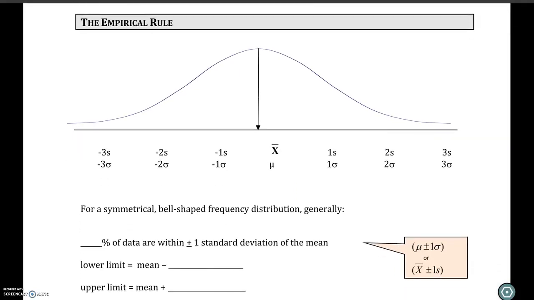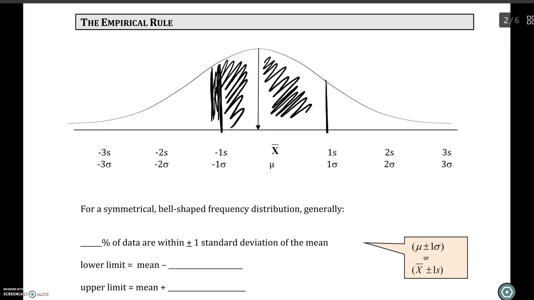So our first generalization, before we go to tomorrow's lesson where we're actually going to be converting our x values into z-scores, is a generalization that helps us ballpark estimates, and that's the empirical rule. How the empirical rule works is that between 1 standard deviation of the mean, and I'm sorry, this image isn't really well centered, we always have this middle 68% of the data represented.